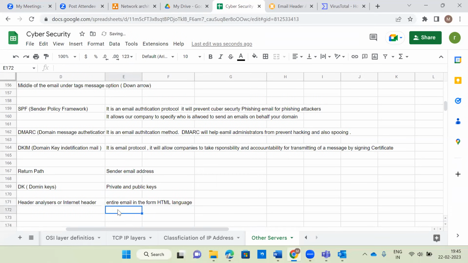That is called the header analyzer. We have to take this header analyzer and verify whether Sender Policy Framework is pass or fail, DMARC is pass or fail, DKIM is pass or fail, DMARC authentication pass or fail, and so on. If I want to show this practically, give me one second.